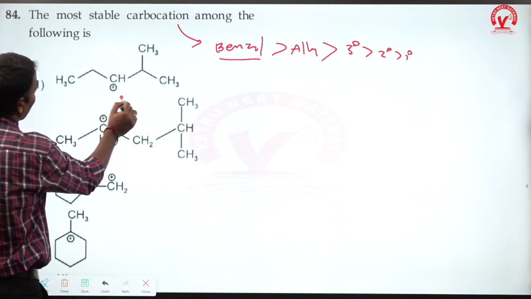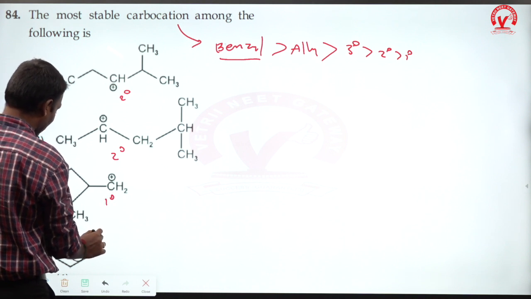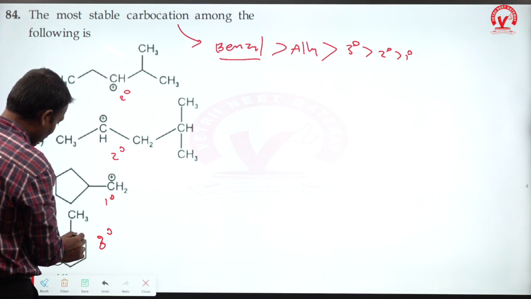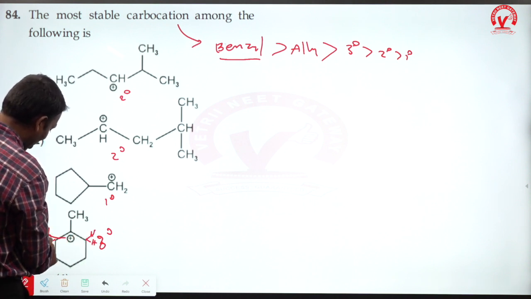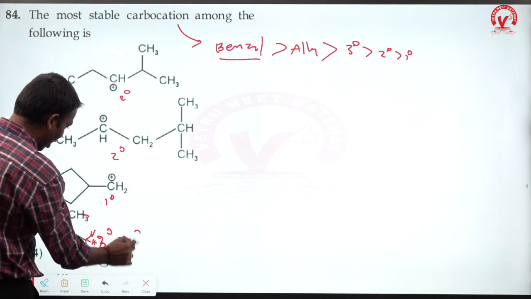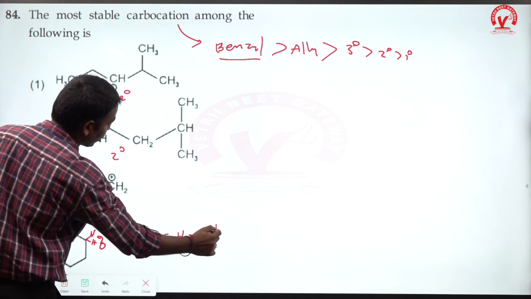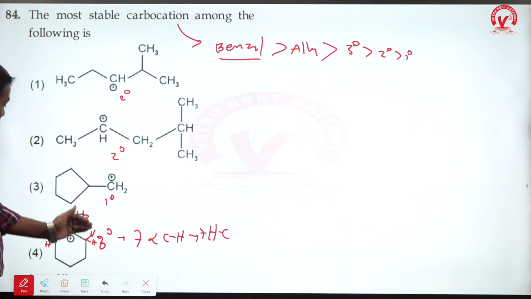Here it is secondary carbocation, here also secondary carbocation, here primary carbocation, and here tertiary carbocation. In the tertiary carbocation we can observe the number of alpha hydrogens, 3 are there, total 7 alpha hydrogens, so 7 hyperconjugations we are observing. The more the hyperconjugation, the more the stability, that is the stability of carbocation we are observing, right?